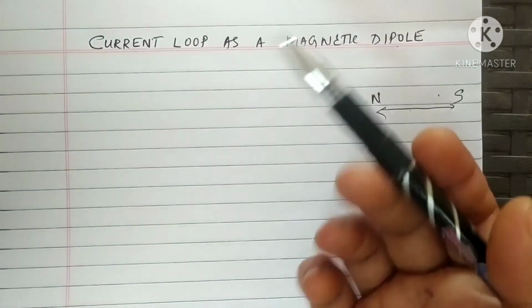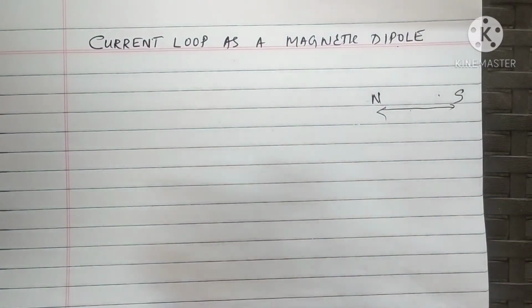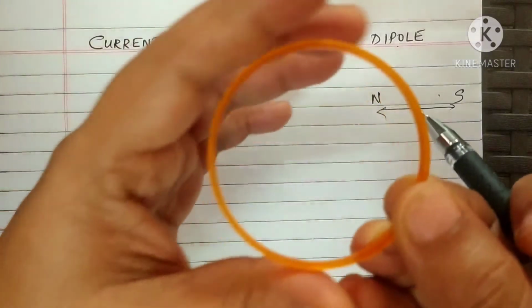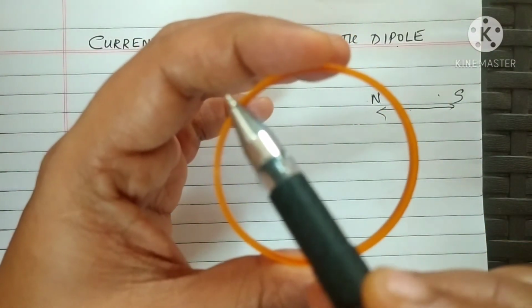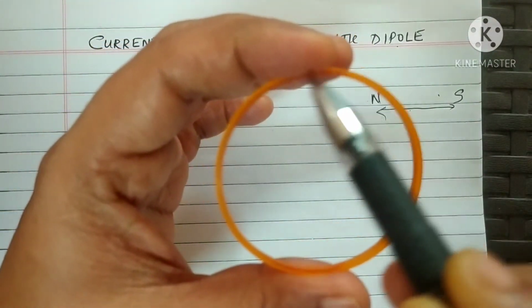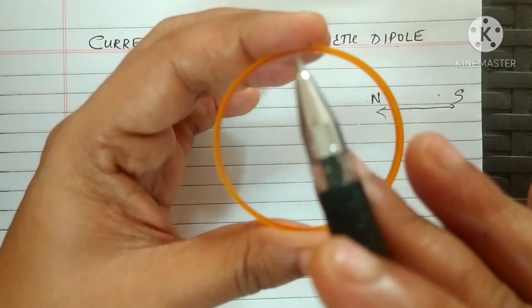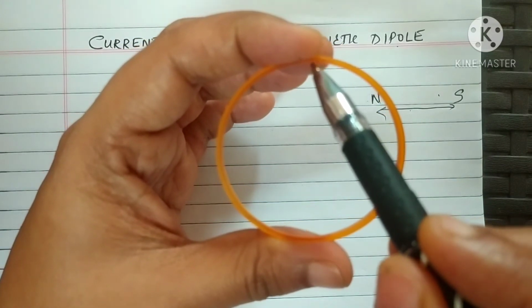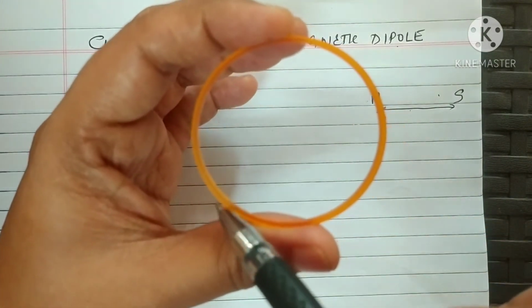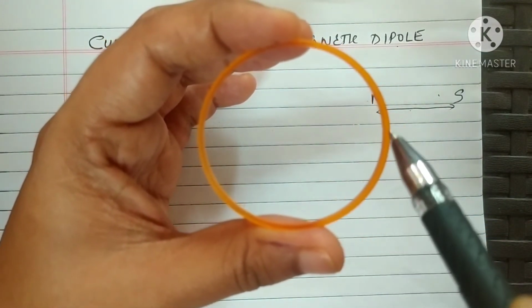You have studied the various cases of current loop starting from Biot-Savart's law. In a current loop, looking from both sides, suppose this is the current loop, and here suppose the current is flowing like this. When you look from the top view, you feel that it is anti-clockwise direction, isn't it?